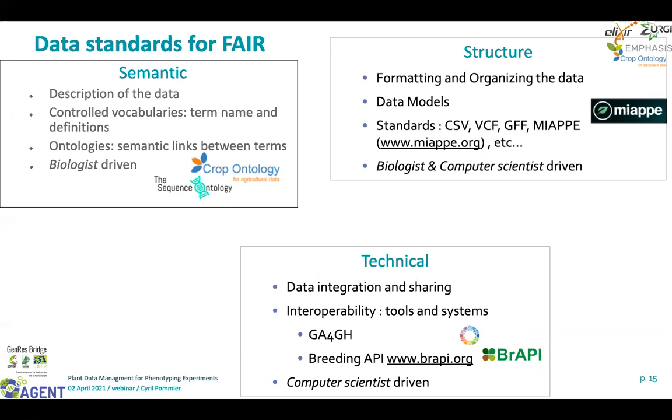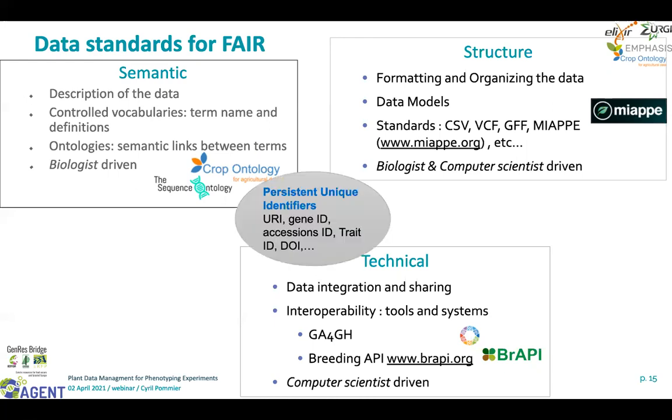Finally, something that I will not detail too much today, there are technical standards that enable data integration and sharing and provide interoperability means between tools and systems, such as GA4GH for genomic data and BrAPI for plant phenotyping data. And those are mostly computer scientist driven.